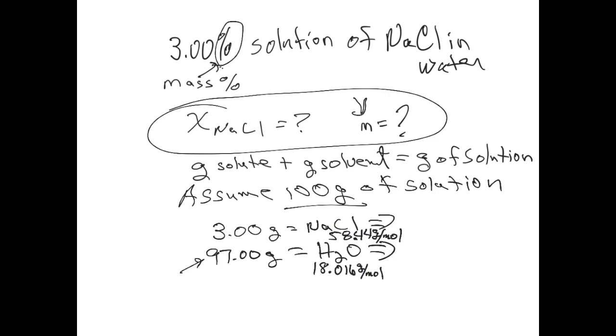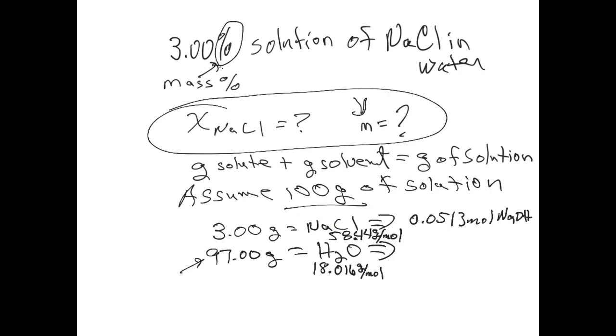For moles of sodium chloride, I get 0.0513 moles. And I think it's useful to make sure your labels include not only that it's moles, but moles of what? Moles of sodium hydroxide. You see, when you start doing this stuff, you've got to keep track of what the substance is in order to keep up with it.